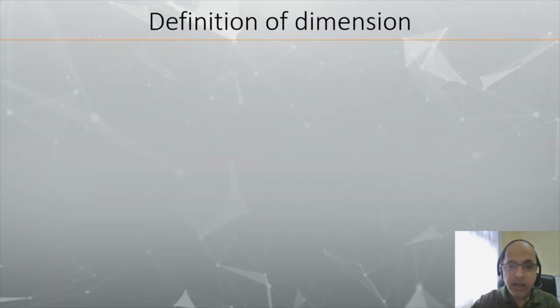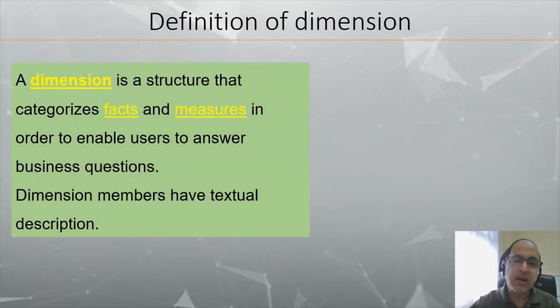The Wikipedia definition for dimension is: a dimension is a structure that categorizes facts and measures in order to enable users to answer business questions. Also, the dimension members have a textual description. That is a very important point. You need to remember the dimension members are normally text elements.